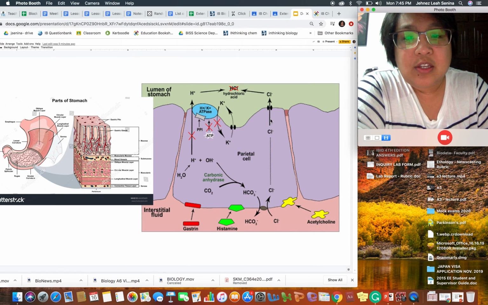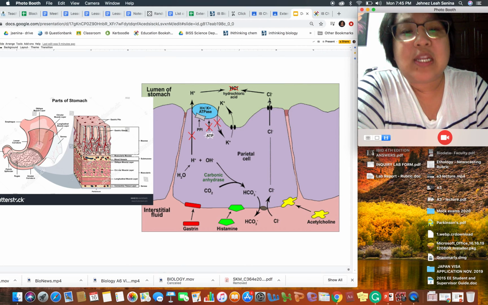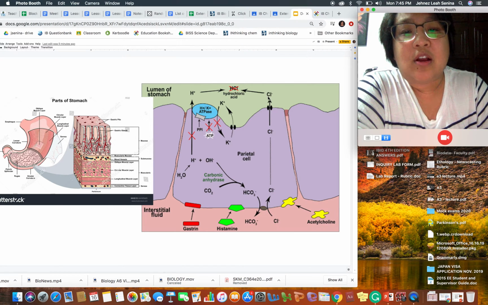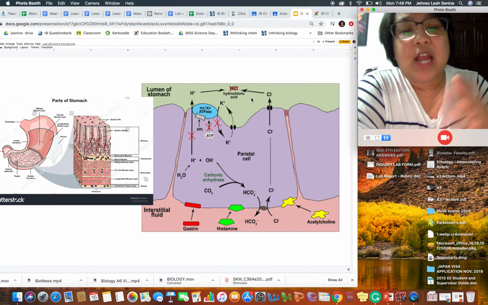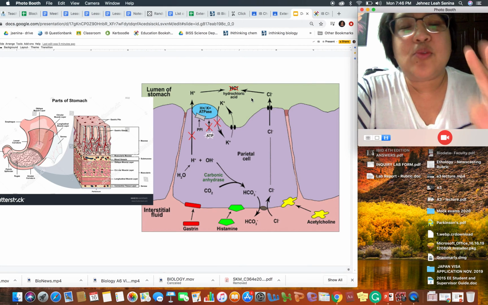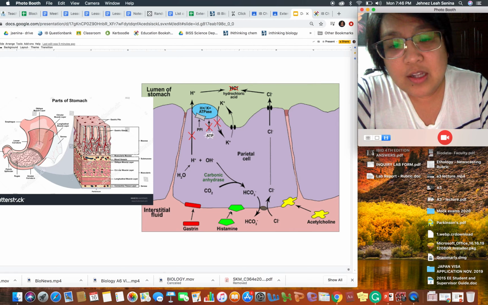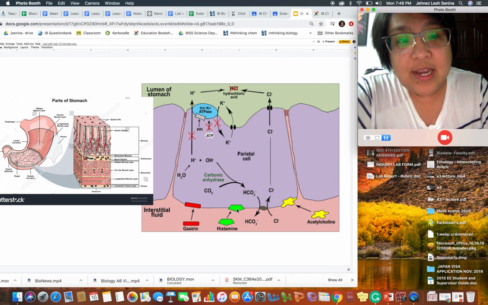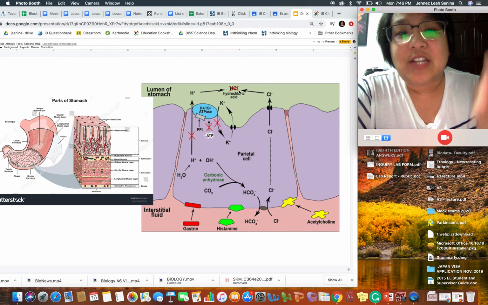Because of that concentration gradient, chloride is released into the lumen of your stomach, and then the proton will follow. Then you have the formation of hydrochloric acid. For your H2 blockers, the medicine blocks the receptor so that histamine won't be able to bind. If histamine doesn't bind, this will not happen, and there's no production of HCl.